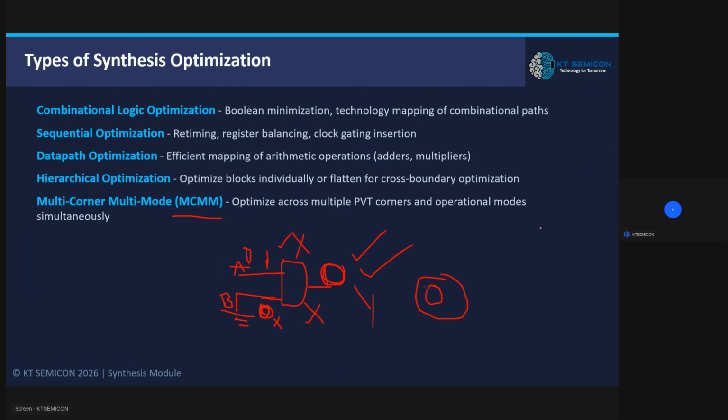We check for worst case analysis. If my worst case is fine, then obviously my best case is also fine. That's why we check for worst case analysis in the multi-corner multi-mode step.